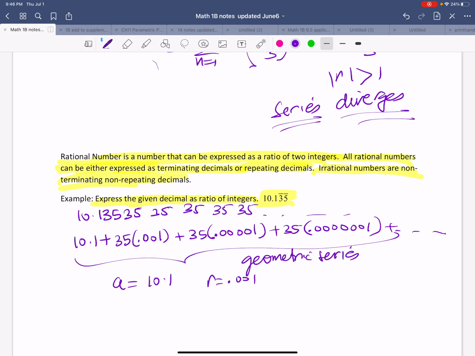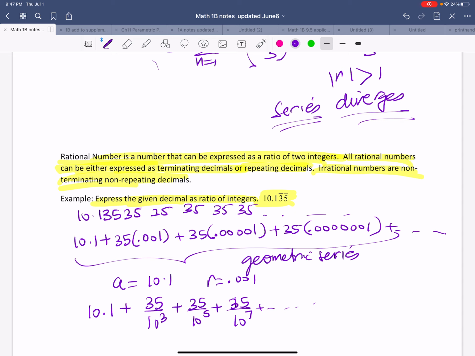So we can express it slightly differently as well, if that's easier. 10.1 plus 35 over 10 to the third power plus 35 over 10 to the fifth power plus 35 over 10 to the seventh power, and so on. And now we can easily see what number we are multiplying with.